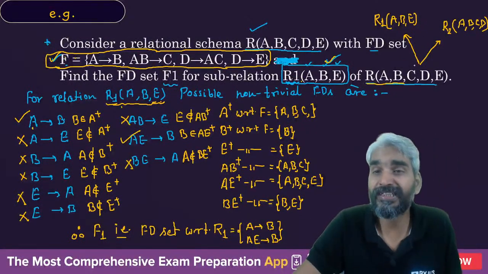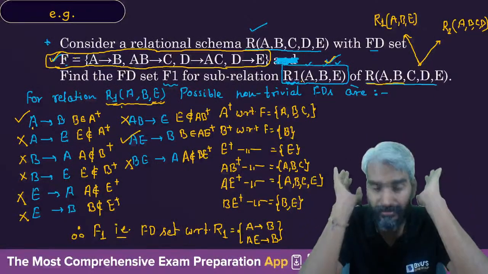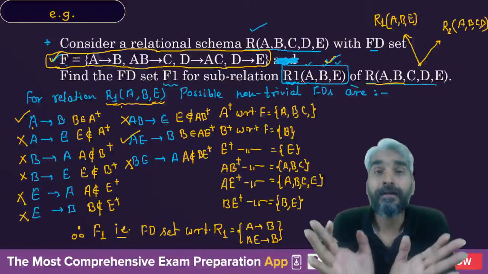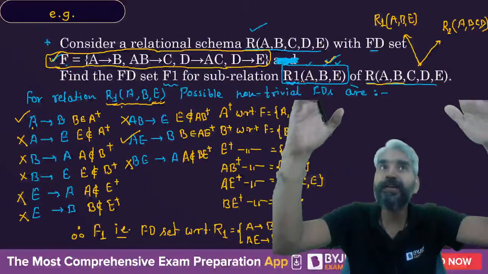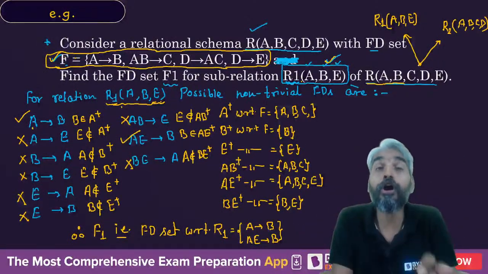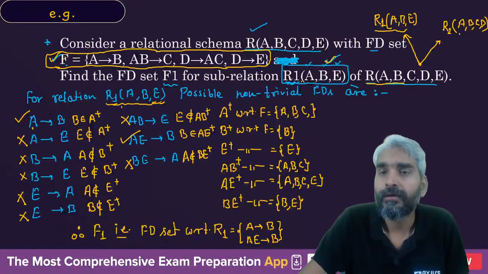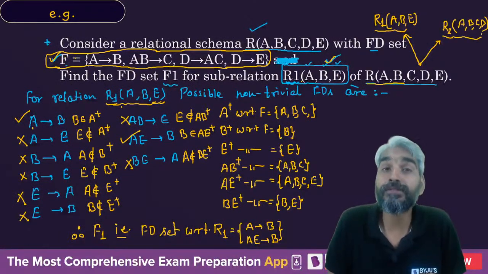But I already told you in yesterday's class that normalization is the process of decomposing a relation into sub-relations so that redundancy is removed or reduced. So you will eventually try to decompose the given relation into sub-relations.